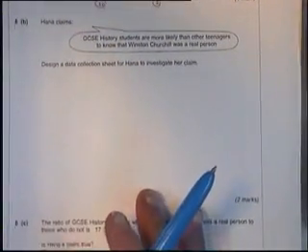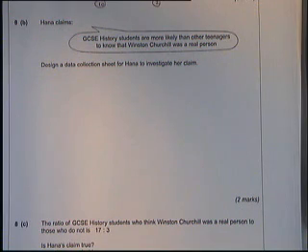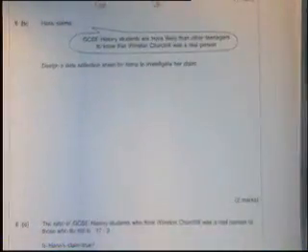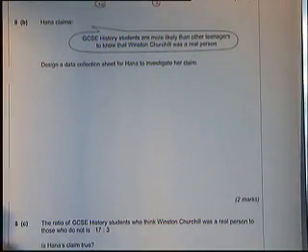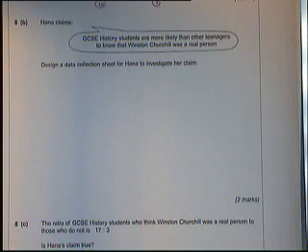Next question, Hannah claims GCSE history students are more likely than other teenagers to know Winston Churchill was real. Design a data collection sheet for Hannah to investigate her claim. So we need to know from history students whether they think he's real, and from students who don't do history.